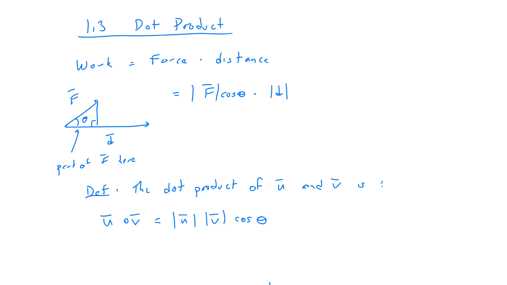The dot product of u and v is basically that. The length of u times the length of v times cosine of theta. So this is the definition of the dot product, which you can see is basically made because it is the work if I'm using a force to move a distance and they're not necessarily in the same direction.